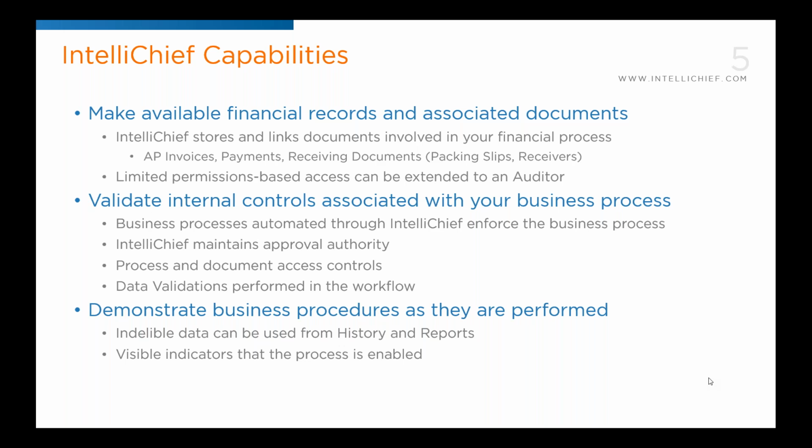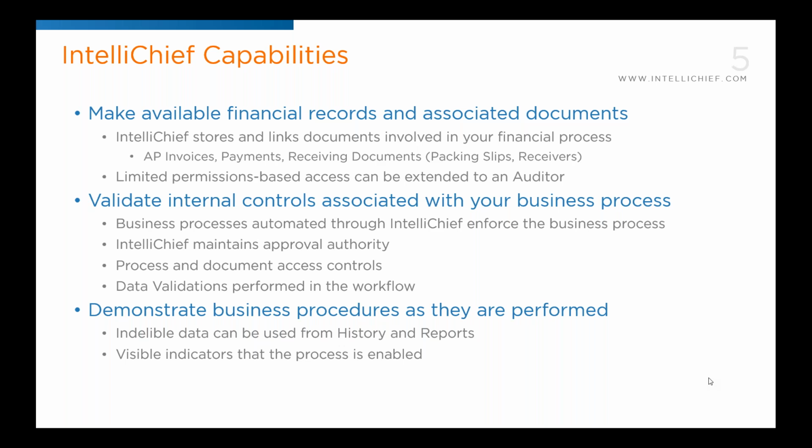I mentioned before an AP invoice. Yes, we can store the AP invoice as it comes in from your suppliers, but we can also store some of that all-important documentation that goes along with it, that proof information. So maybe it's the check that paid that invoice or a series of invoices. It could be the receiving documents, packing slips that came in along with the goods that you received.